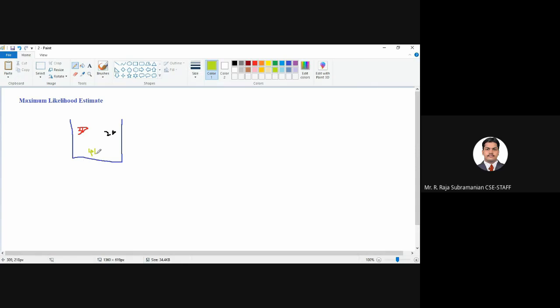Now I need to pick a random ball from this. Say this is going to be some input x. What is the probability for the input x to be red, black, or green? Can anyone say?